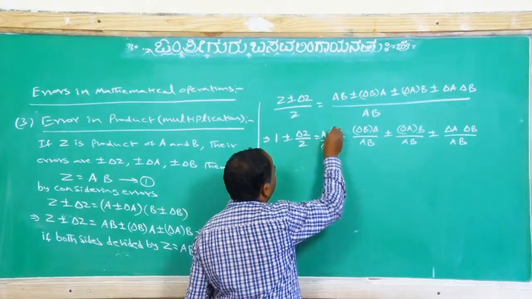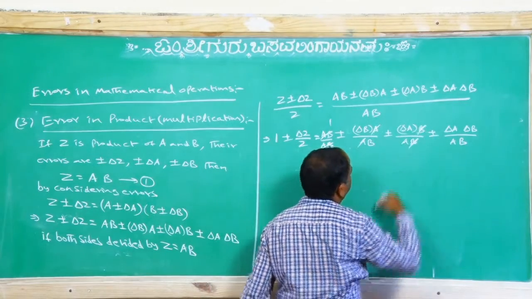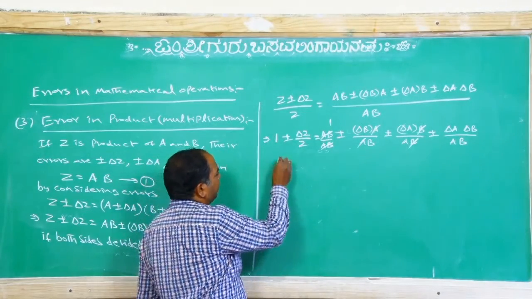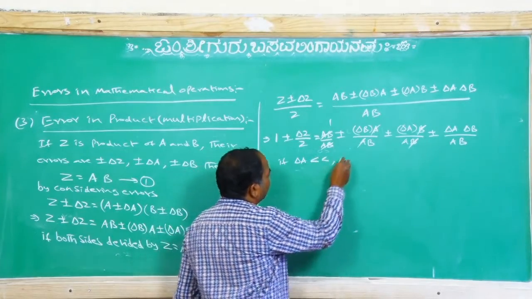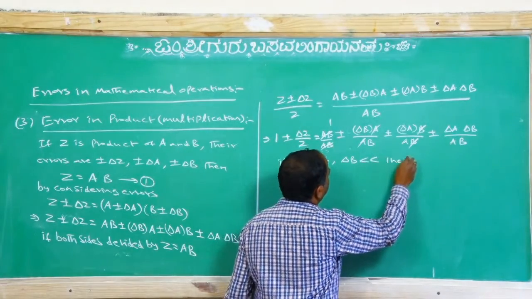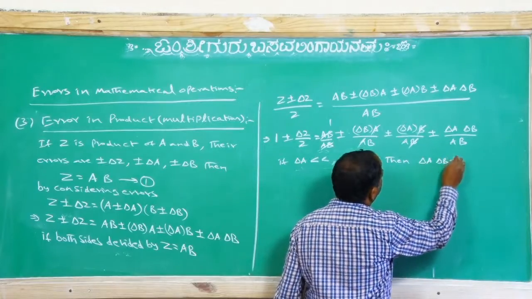So AB cancels, 1; here AA cancels, here BB cancels. Now, if delta A is very small and delta B is very small, then delta A into delta B is approximately 0.